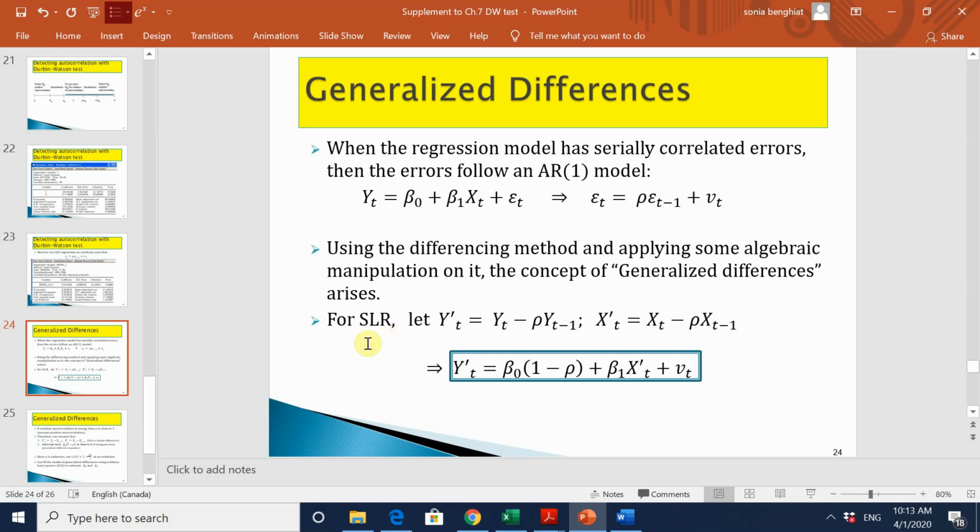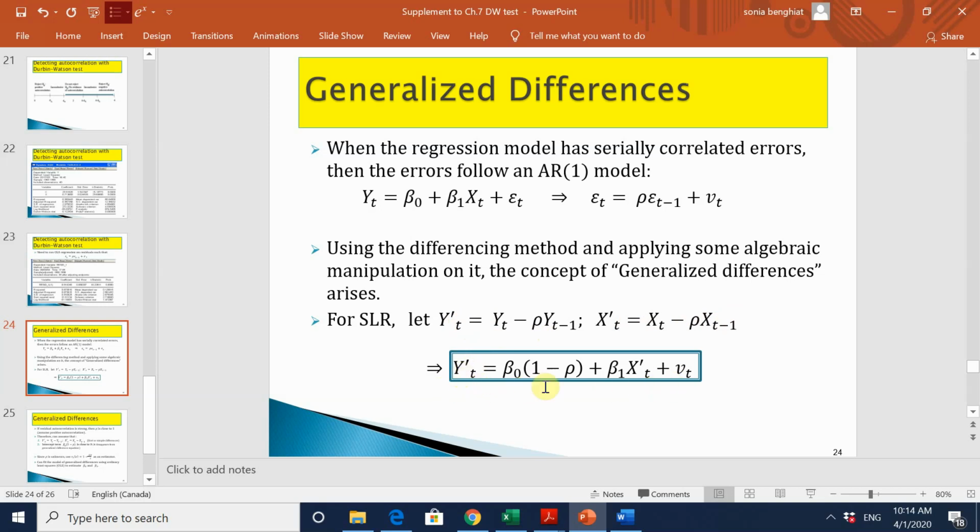So we can now let the new response variable be a differenced variable, and the predictor also be a differenced variable of this format.